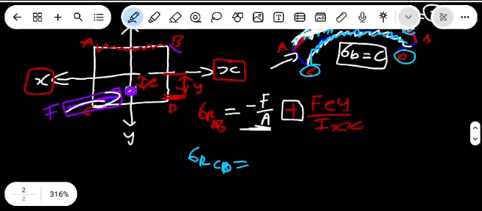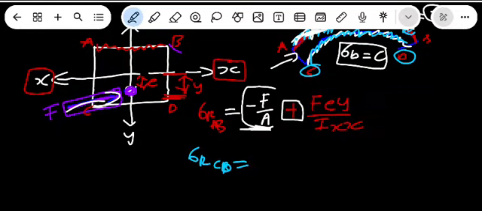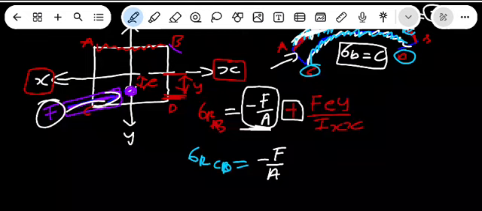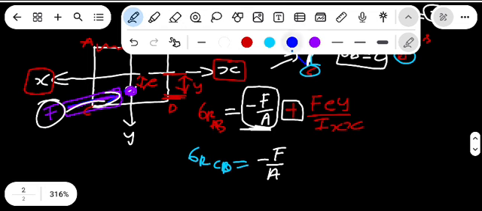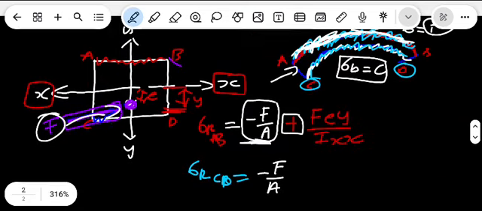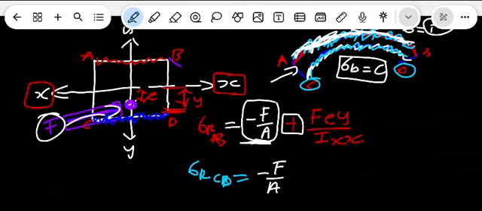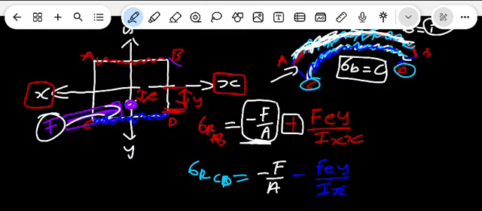Now let's find CD. Obviously the direct stress won't change. It is simply negative F divided by A. What about the bending stress? Here in this portion the bending stress is compressive, between CD. Since compressive is negative, we'll have minus F E Y over Ixx.